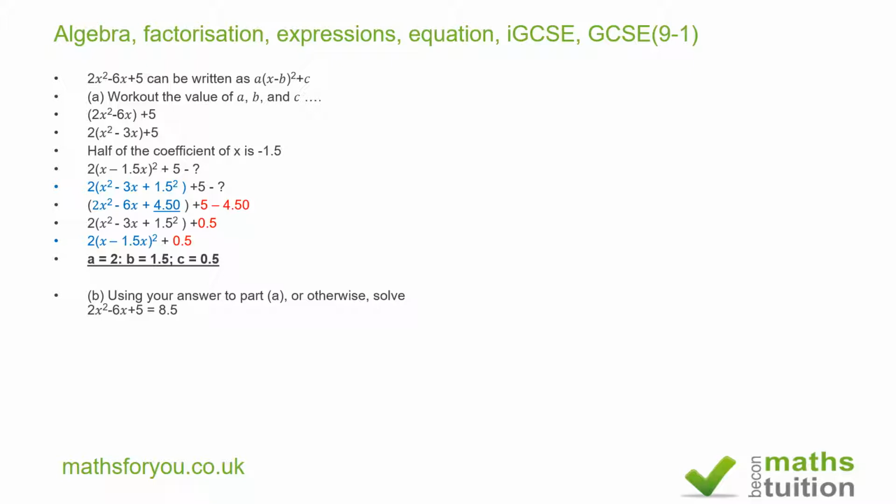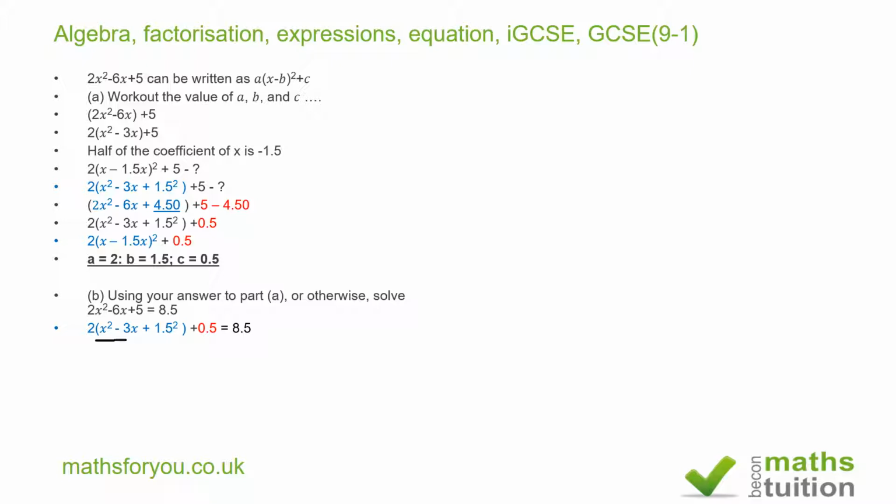So what I'm going to use here is I think the simplest way of doing this question. So what I then do is go back from here to there. So we then have that 2 into x squared minus 3x plus 1.5 squared plus 0.5 is equal to 8.5.